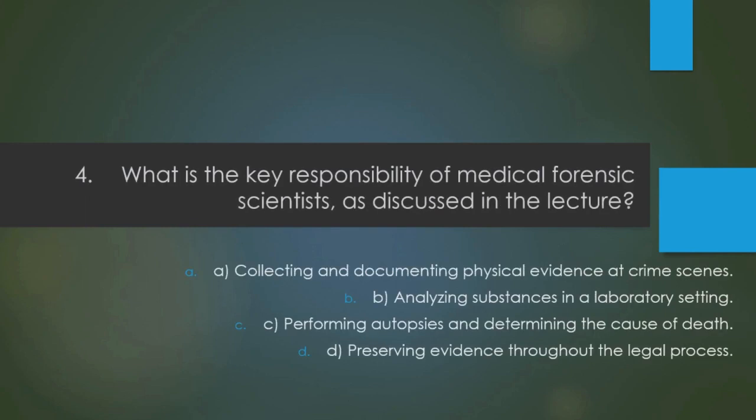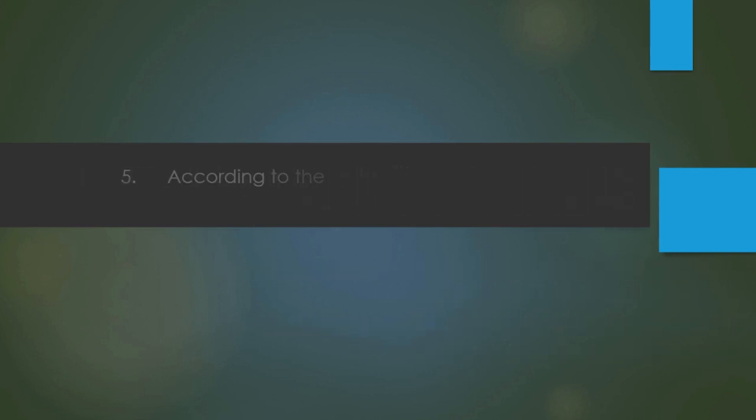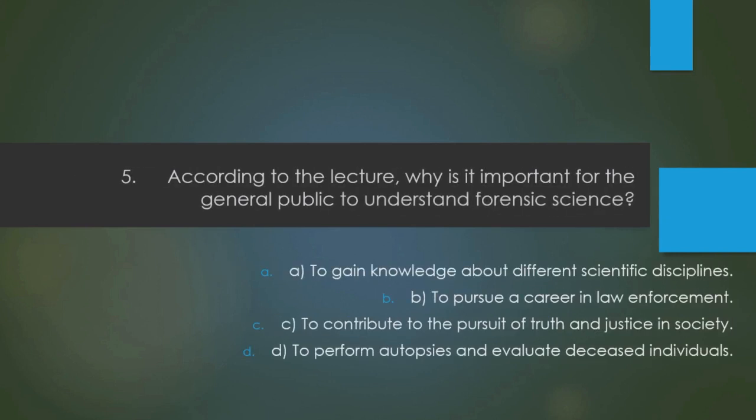What is the key responsibility of medical forensic scientists, as discussed in the lecture? Five. According to the lecture, why is it important for the general public to understand forensic science?